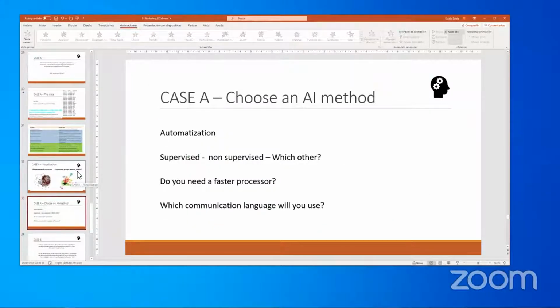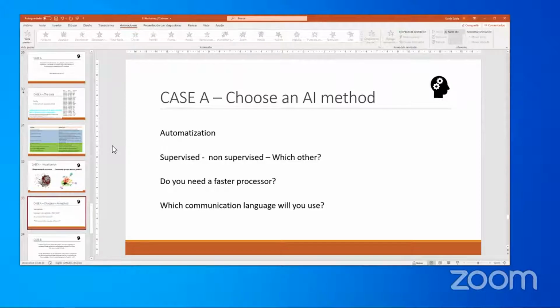So for you, how would you automatize all this procedure? Which algorithm would you use? Would you use a supervised or not supervised method? If we are talking that we have an entry with 5,000 data, do you need a faster processor?